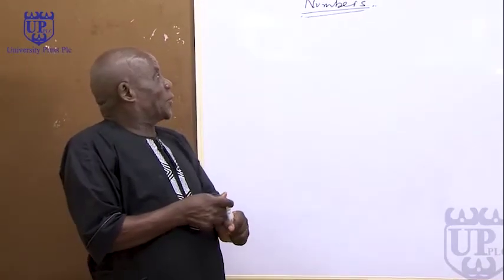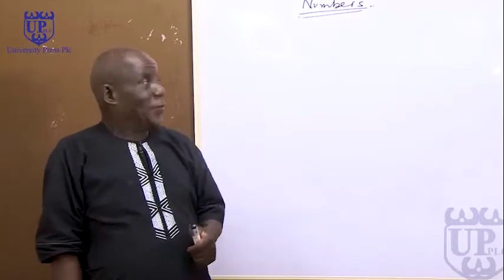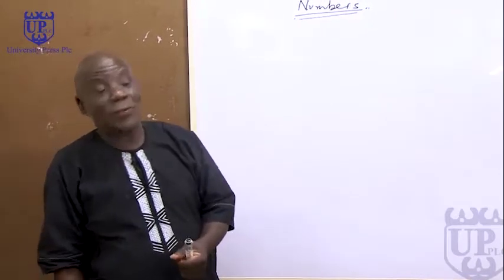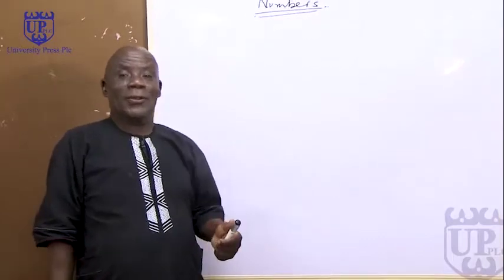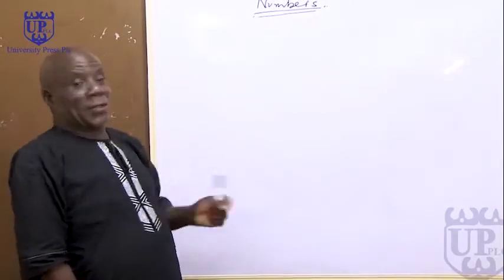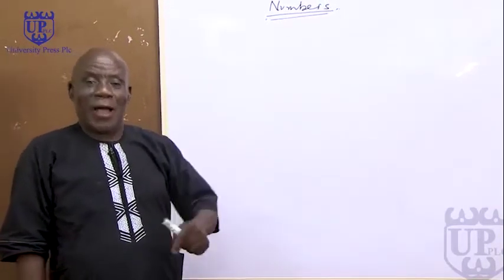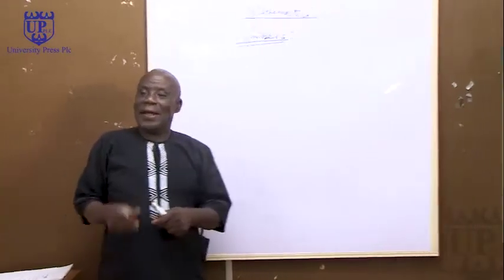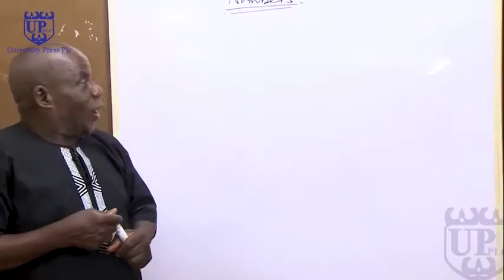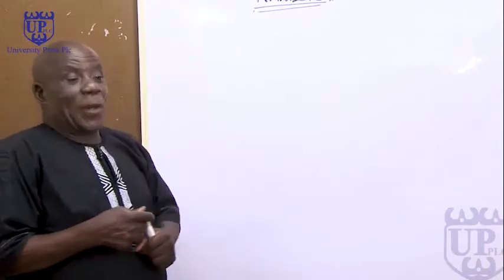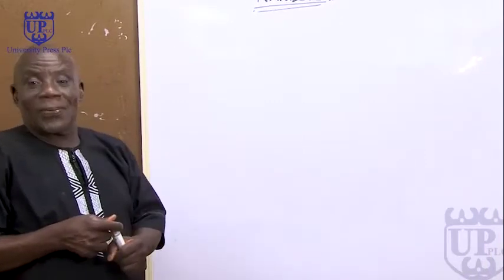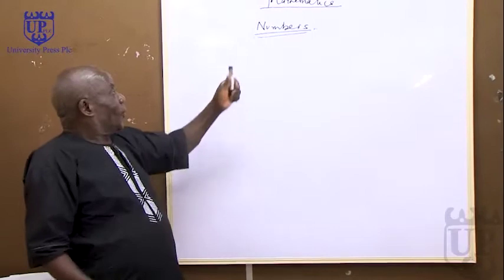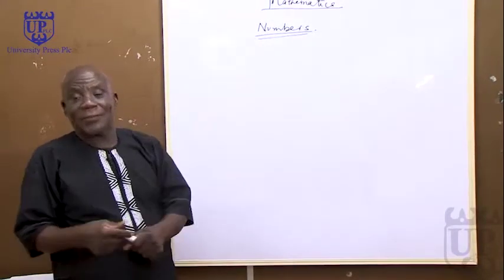Thank you. We are going to start the lesson from where we normally start, even when you are in nursery school. The first thing in mathematics is numbers. We have small numbers, we have large numbers. But for our purpose, you are preparing for an exam. Now, we have different types of numbers.